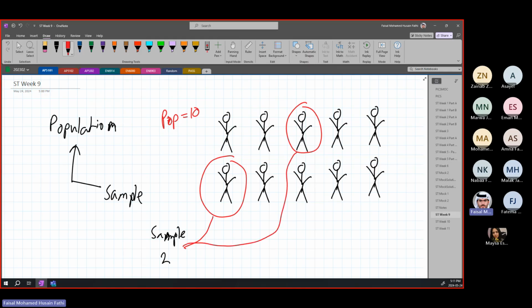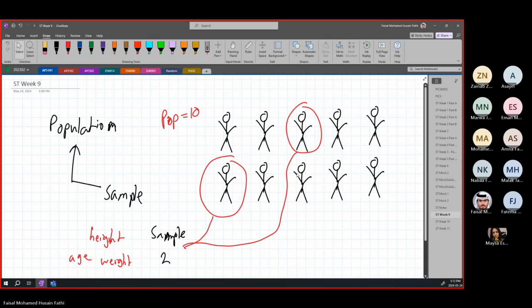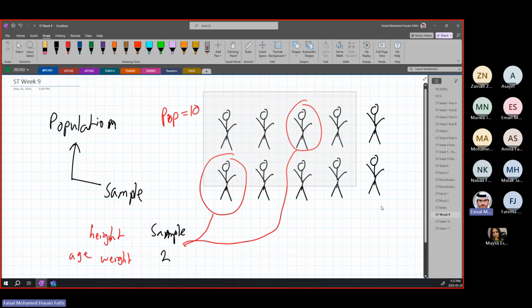And then we will gather the information, for example height or weight or age or whatever else we might want, depending on the type of data we're trying to analyze. This is a simplified version of what you are doing when you're collecting data. You're taking a sample, in this case of size 2, from a population of 10 people.